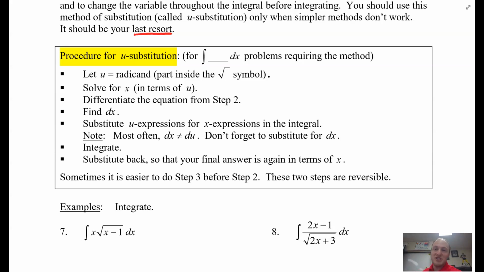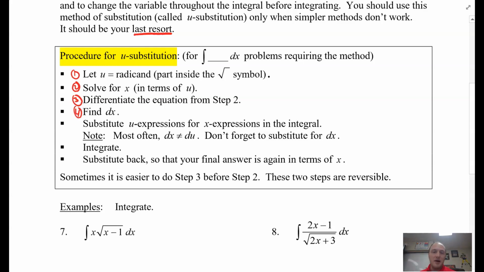So here's the procedure that we're going to follow. We're going to take whatever the radicand is. We will set it equal to u. And then step 2, we'll solve for x in terms of u, and then we will differentiate the equation and find dx.